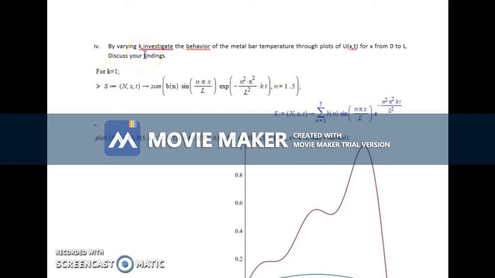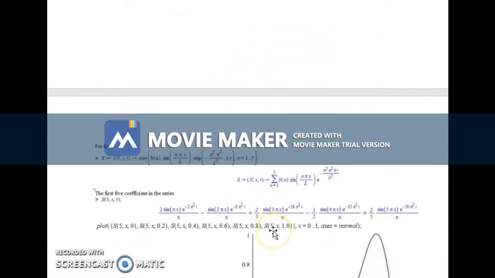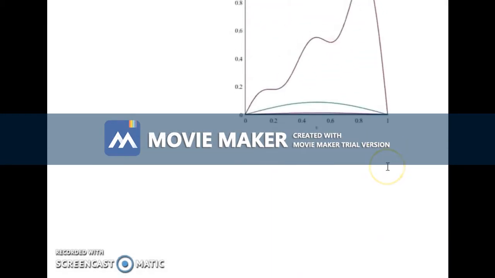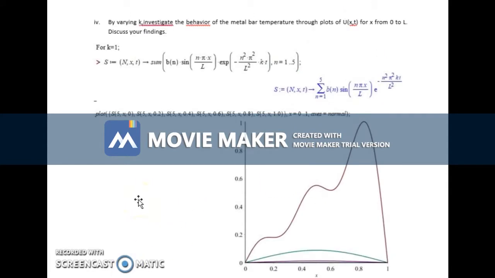By varying k, we just need to change k only. So this is for k equal to 1, the graph we get, this is our graph. And for k equal to 2, by varying k, we just need to change k only.